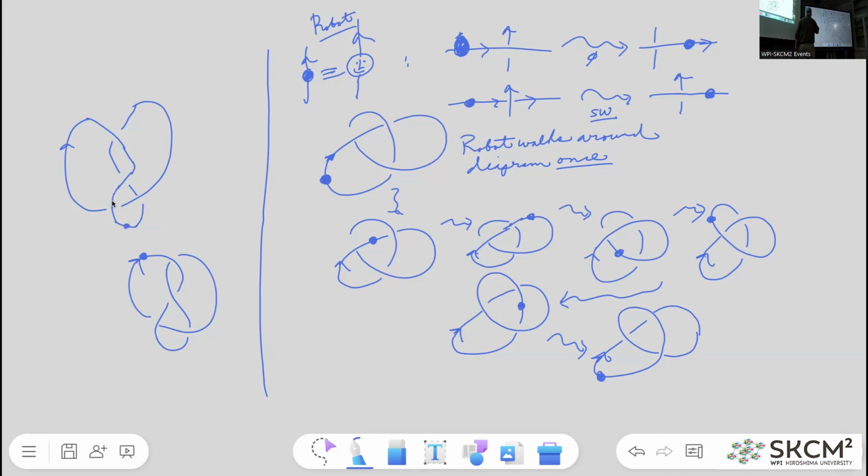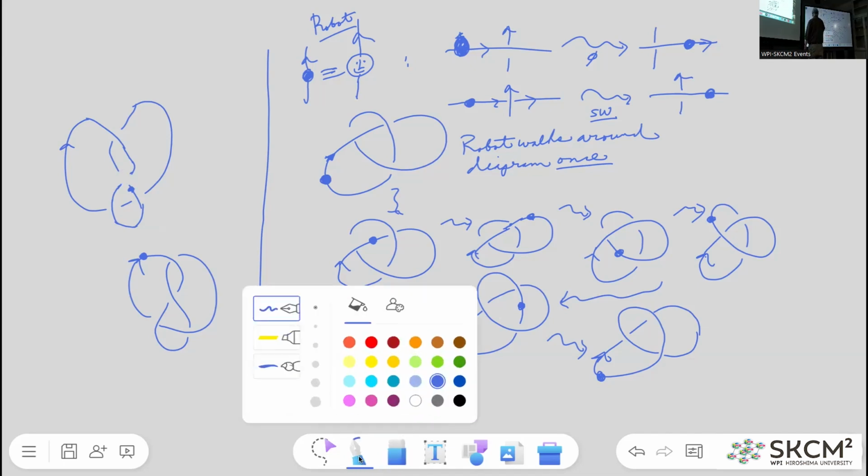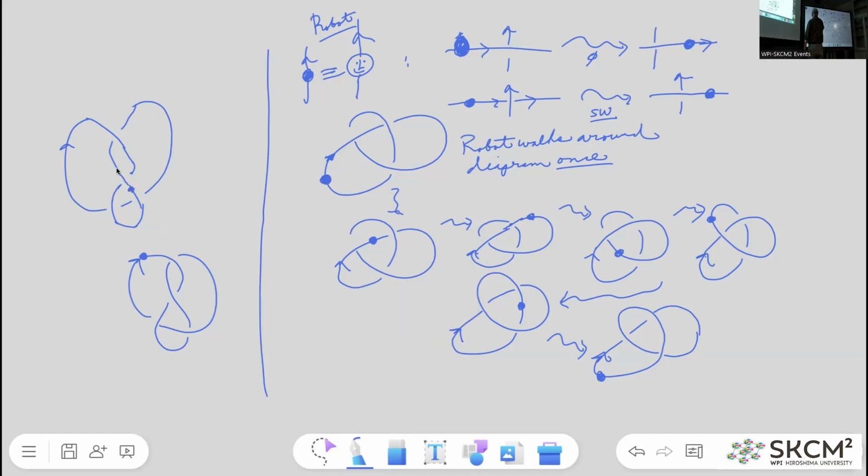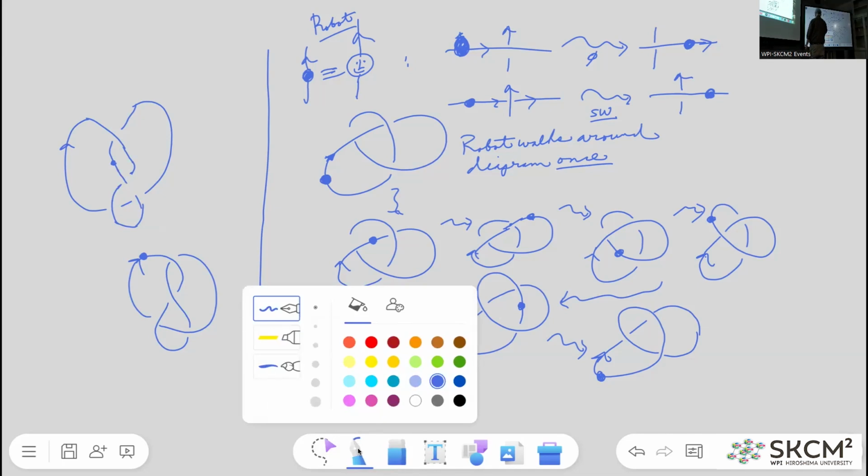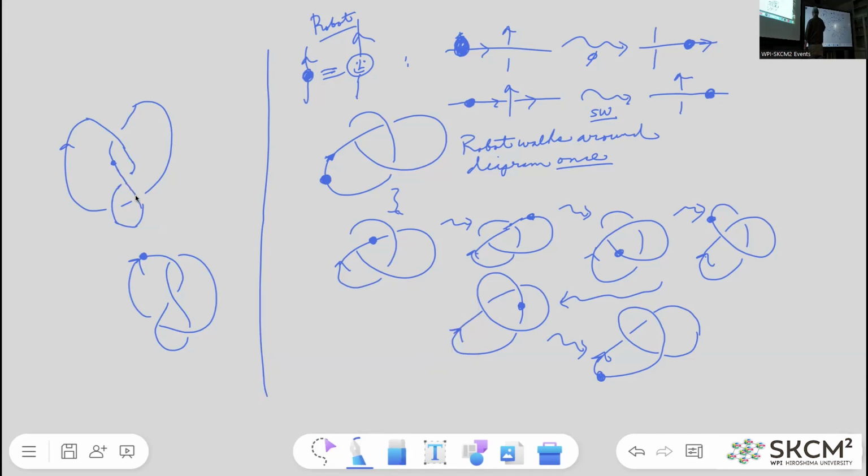Okay, next one's under, so we're going to have to switch that crossing from over to under and put the robot here. Now it's hitting another under crossing, so we'll have to switch that over. Put it here. Better done on a real blackboard, isn't it?